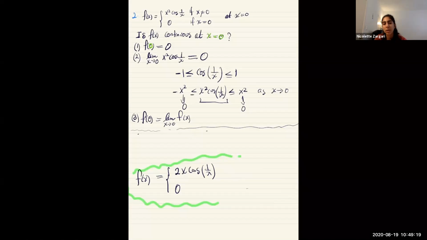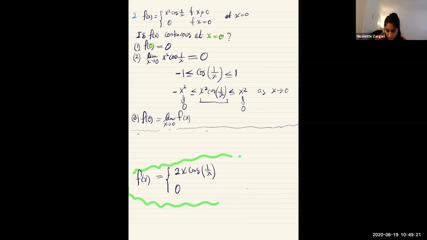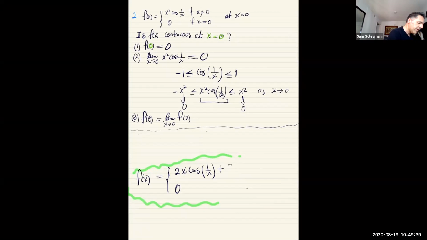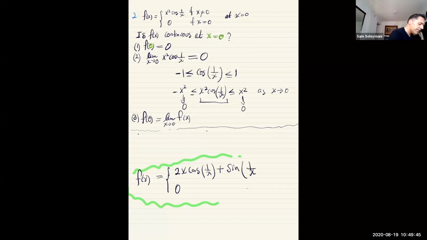Yeah, it's correct because the negative cancels out with the negative once you take the derivative of 1 over x. Oh, it's because the derivative of cosine is a negative sine, right? Yes, it is. Okay, then it's positive. So that should be just sine of 1 over x, right? Yeah. Okay, cool.